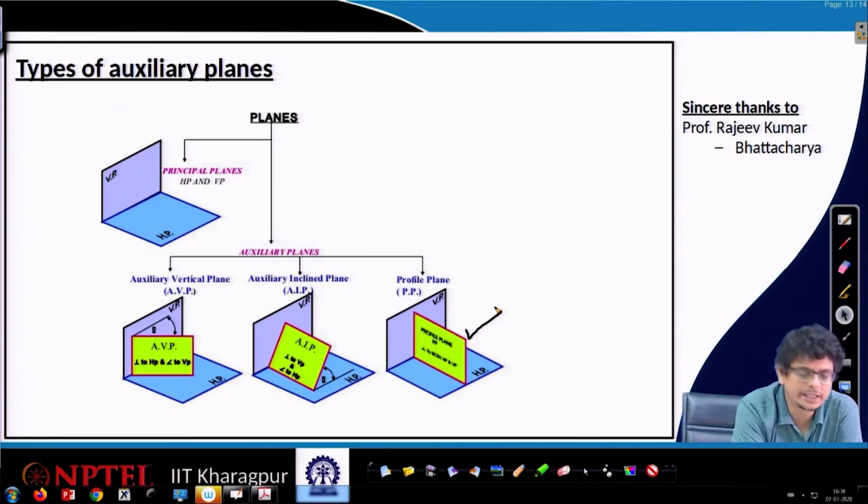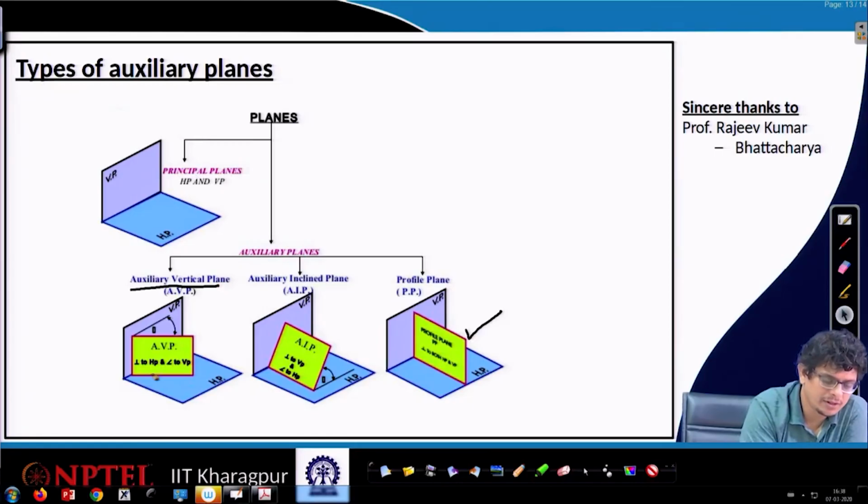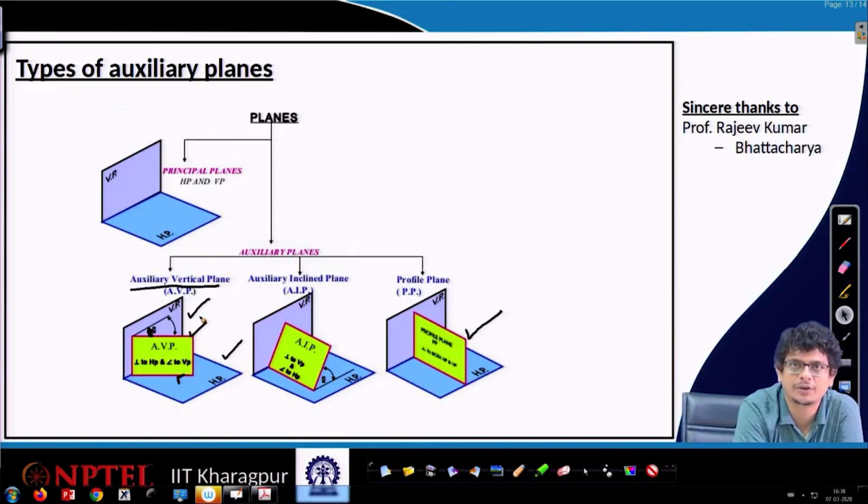The other category is called the auxiliary vertical plane. It makes a 90 degrees angle with the horizontal plane, and makes an angle with the vertical plane. So, for any object whose projection we would like to consider, it has to be in between the vertical plane, horizontal plane and auxiliary vertical plane.